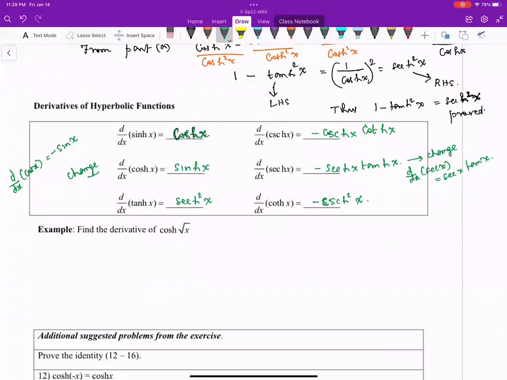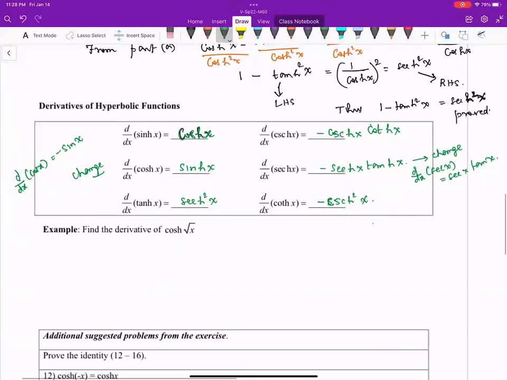Let's use these formulas to do the derivative of cosine hyperbolic root of x. So if you recap the chain rule that we did, if you have, let's say, cosine of some function, and you want to differentiate that, what do we do?